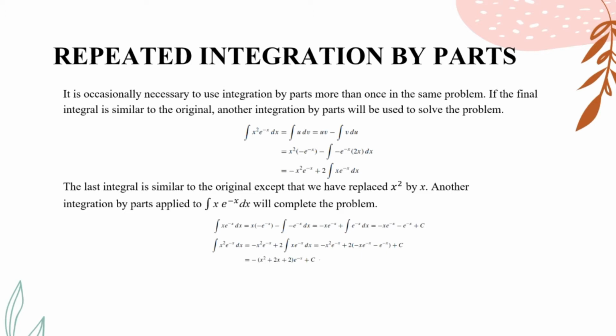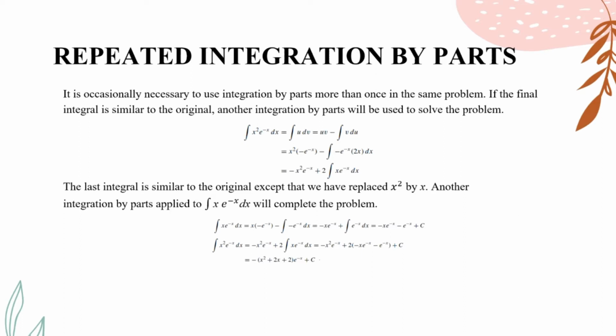Repeated integration by parts. It is occasionally necessary to use integration by parts more than once in the same problem. If the final integral is similar to the original, another integration by parts will be used to solve the problem.